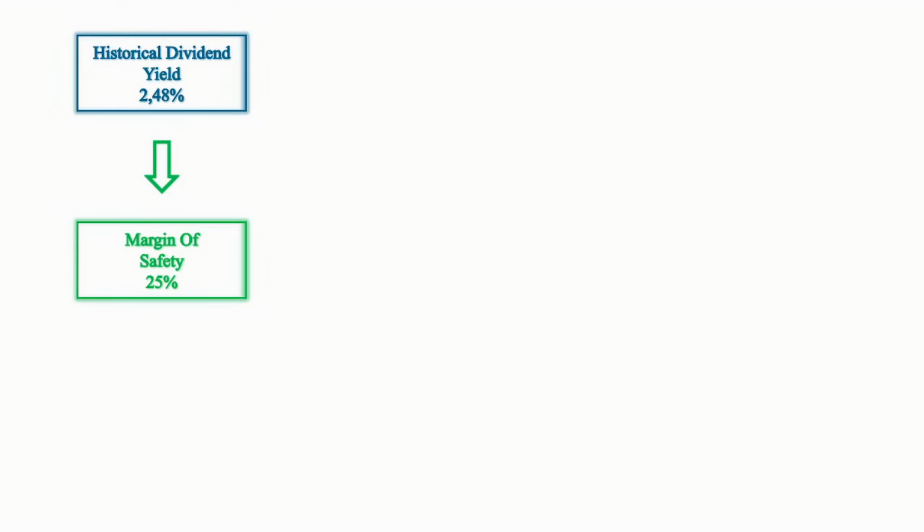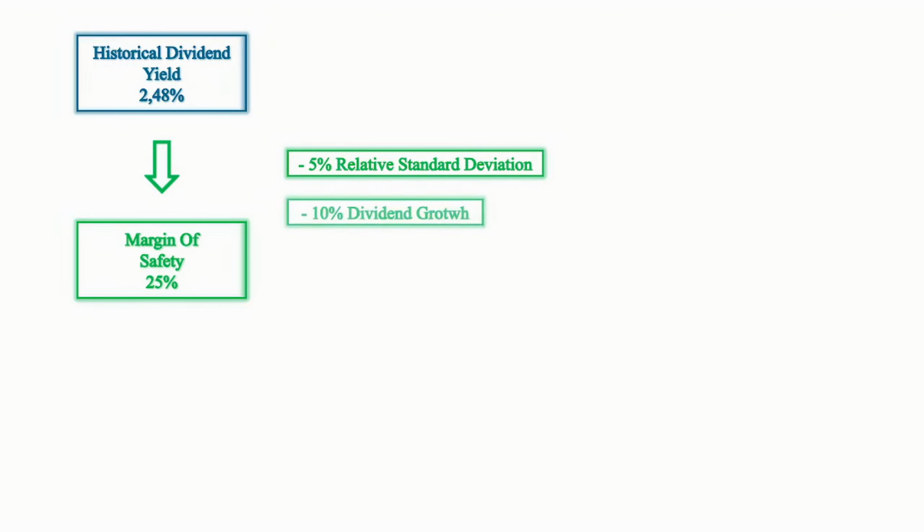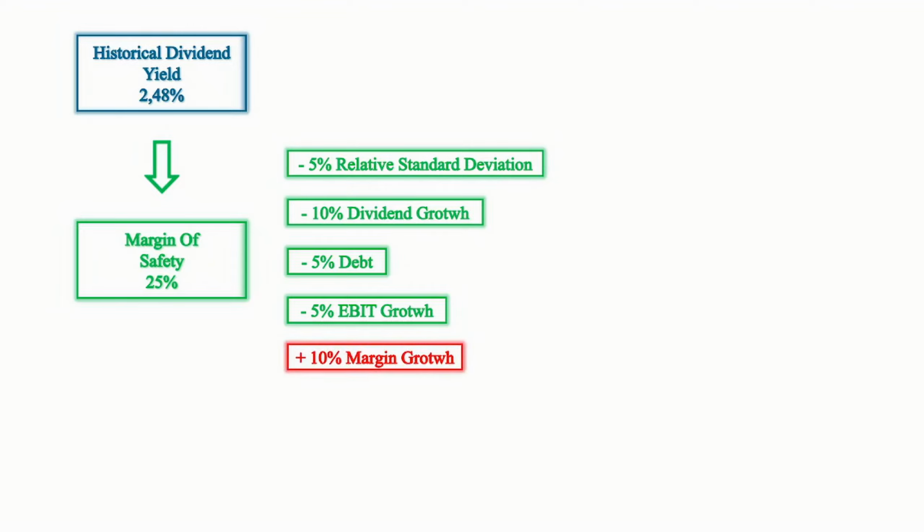Minus 5% for the relative standard deviation, minus 10% for the dividend growth, minus 5% for the debt, minus 5% for the EBIT growth, and plus 10% for the margin growth. The new margin of safety is therefore 10%.